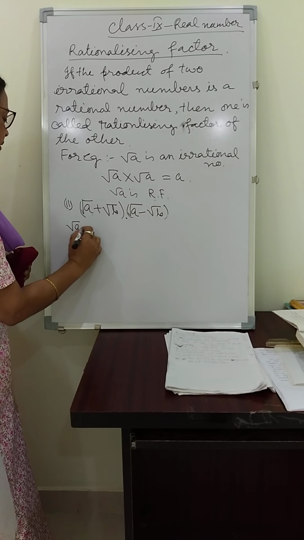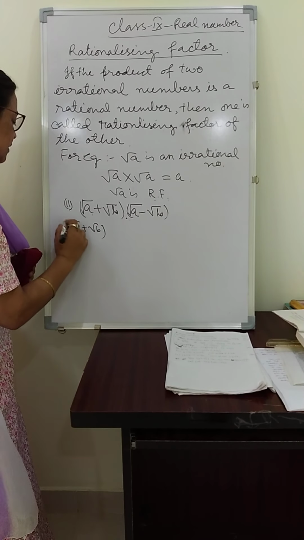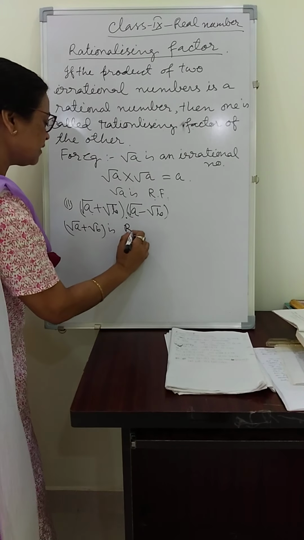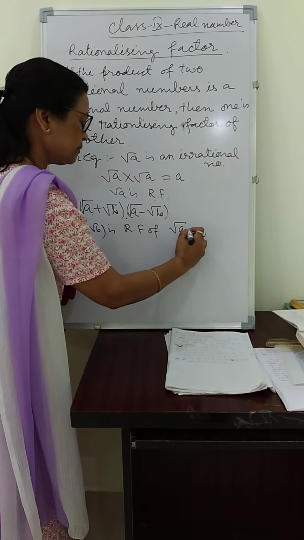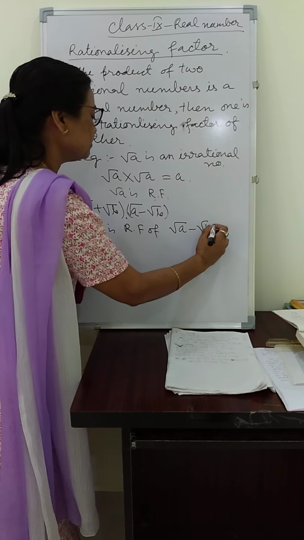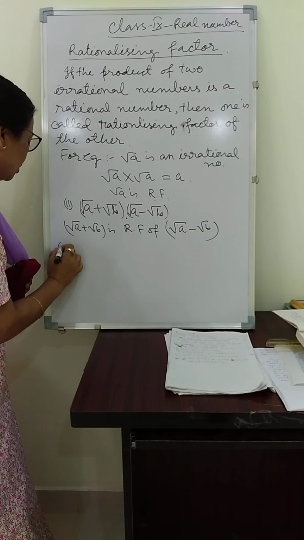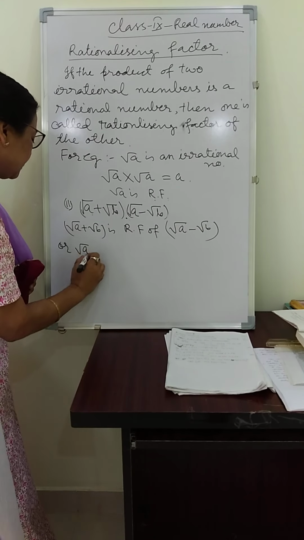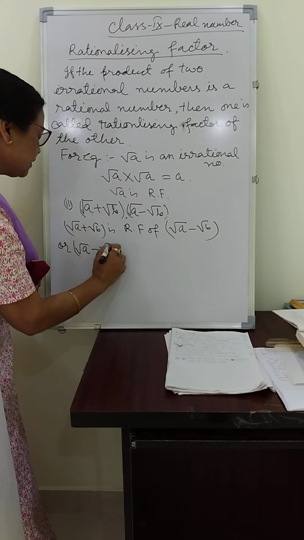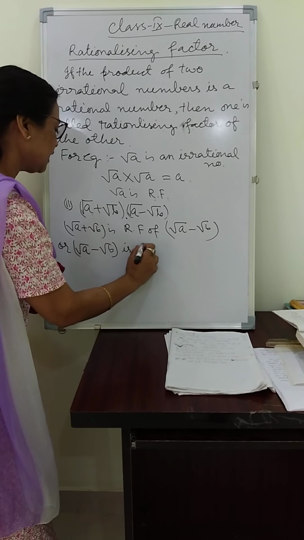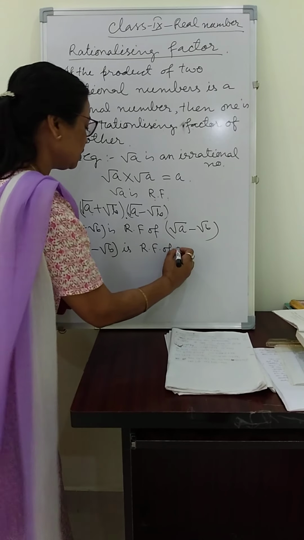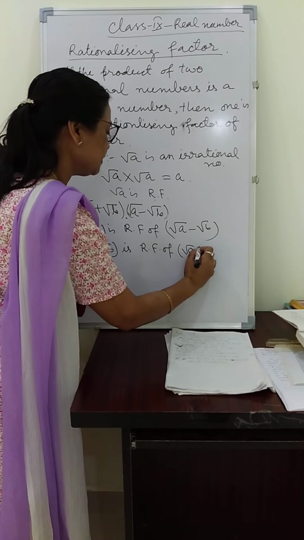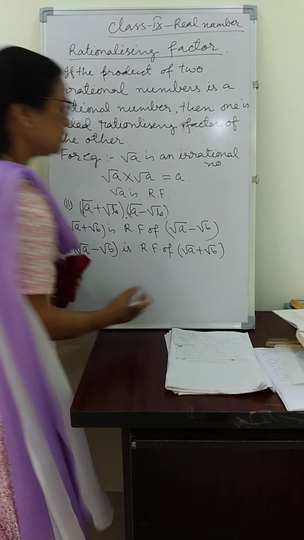Root over a plus root over b is RF of root over a minus root over b, or root over a minus root over b is the rationalizing factor of root over a plus root over b.